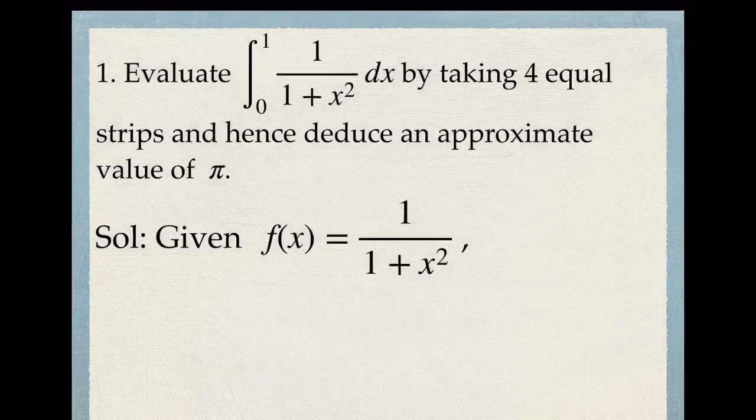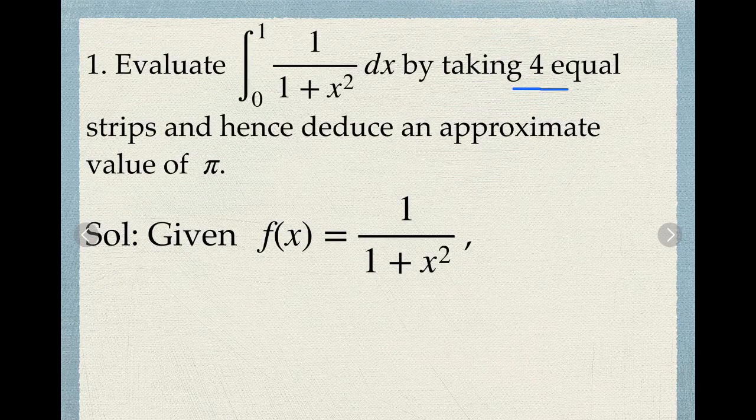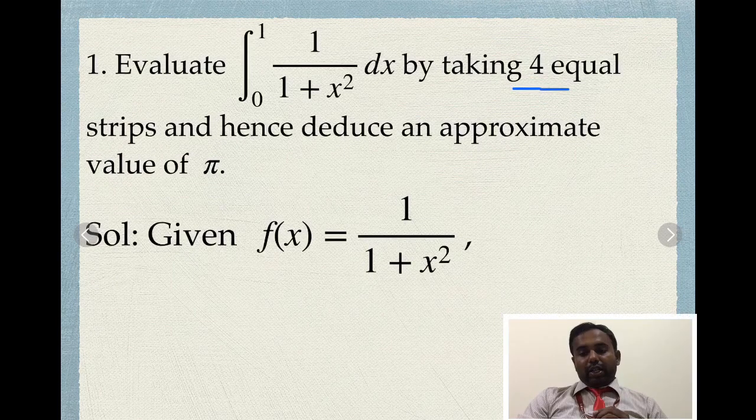And second thing is they have specifically told us that we are supposed to take 4 equal strips, or divide the interval 0 to 1. Observe here, the lower limit is 0, the upper limit is 1. So we are supposed to divide the interval 0 to 1 into 4 equal parts.